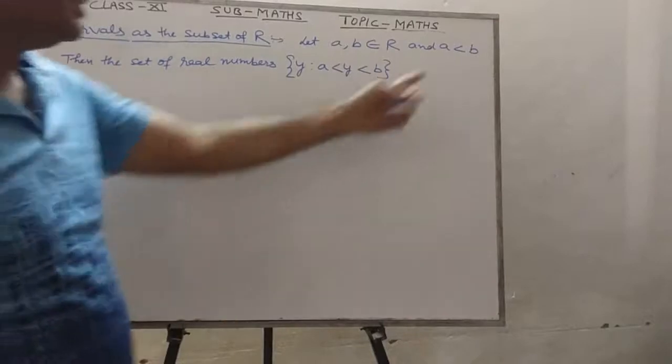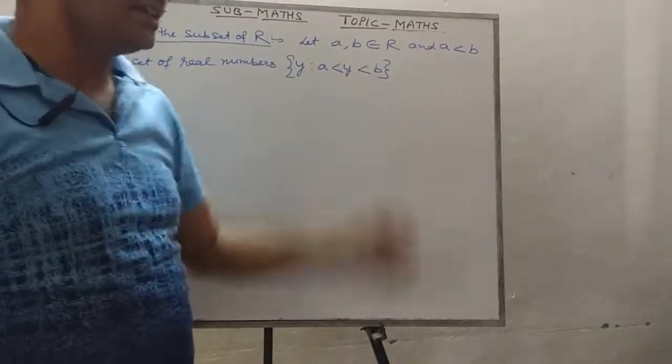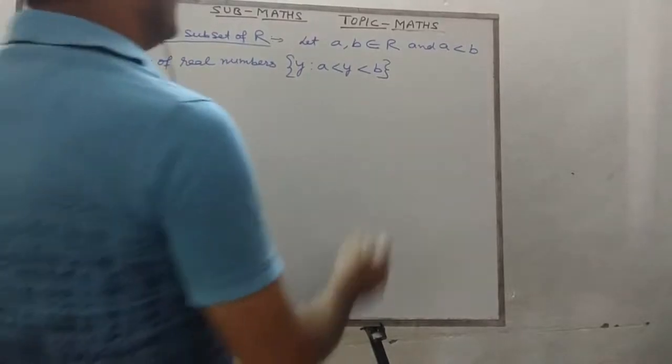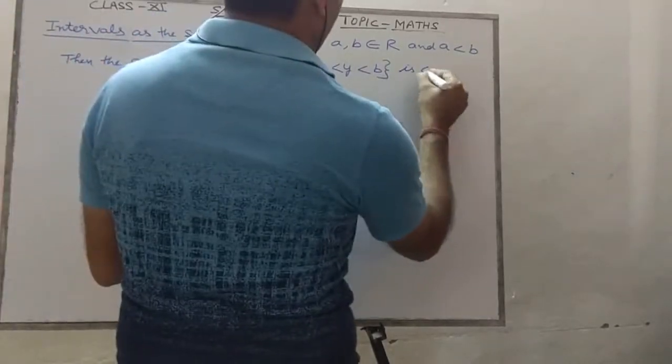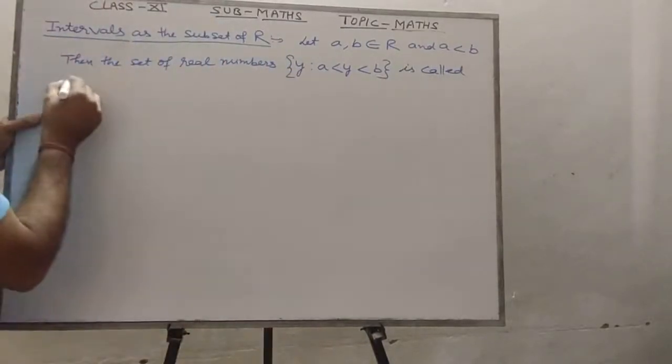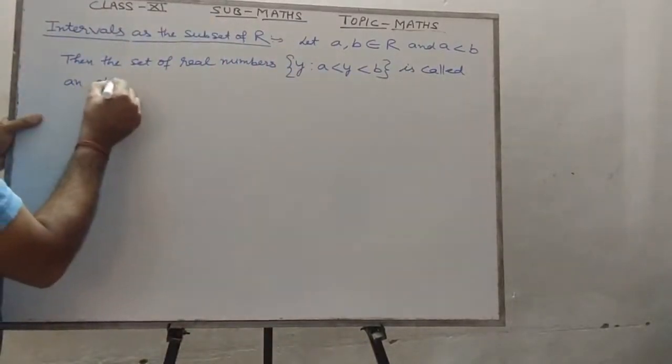We are taking the real numbers greater than a but less than b. Then this is called an open interval.